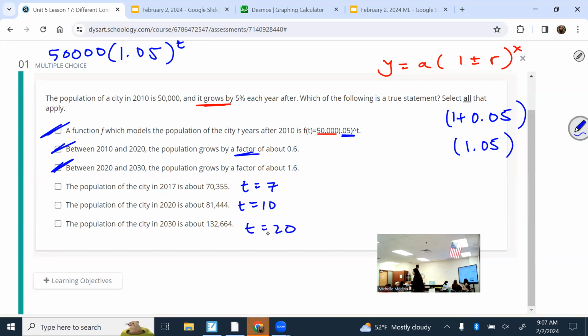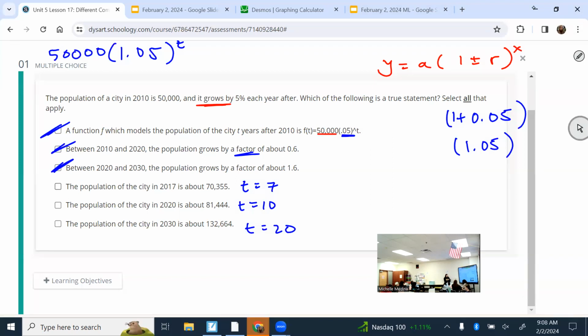Because Desmos will look weird if I split screen right now with all my writing, I'll look it up on my phone. But if you're getting something different than what I'm getting, just make sure you check it. So we have 50,000 times 1.05 to the 7th power. Are you getting an amount that's pretty close to that? 70,355.